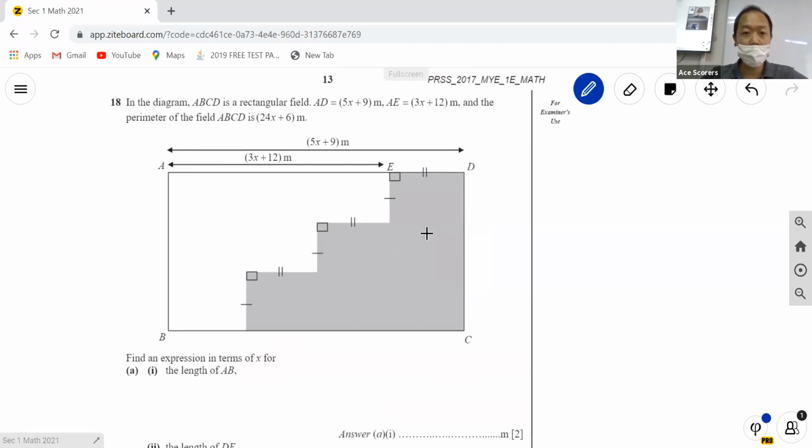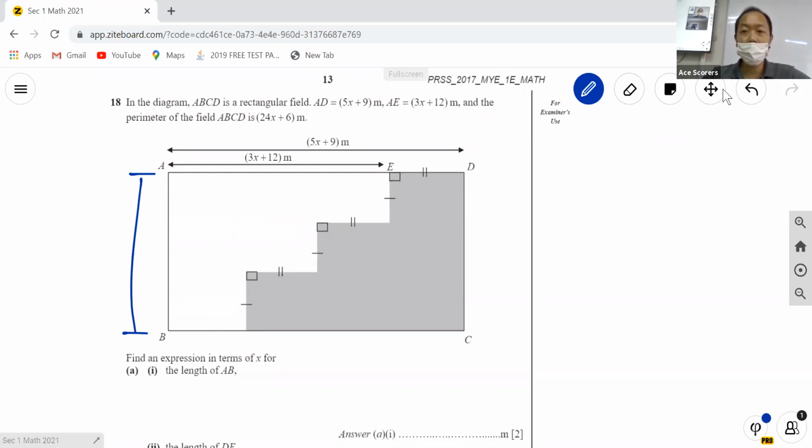AB is this short length here, from here to here.